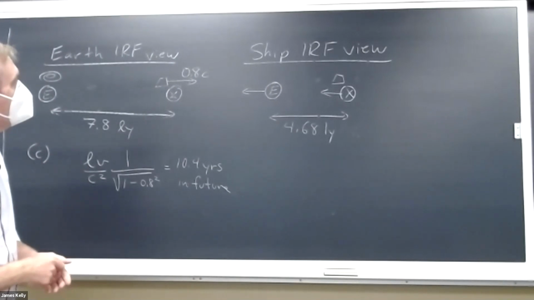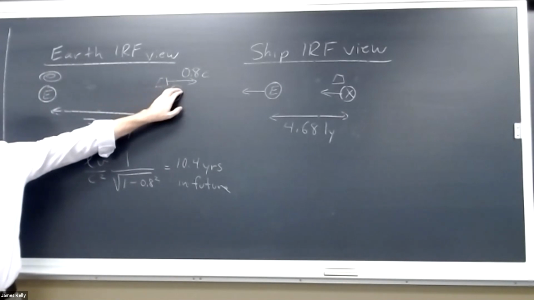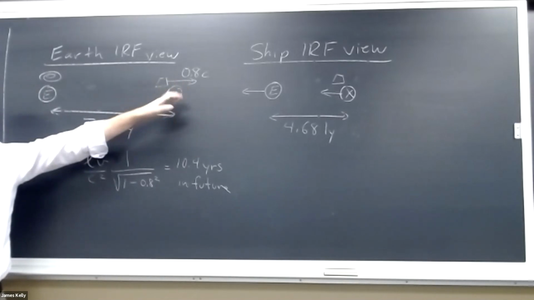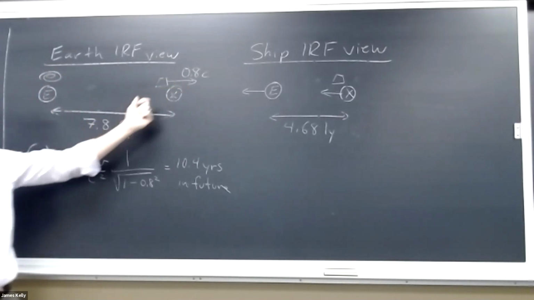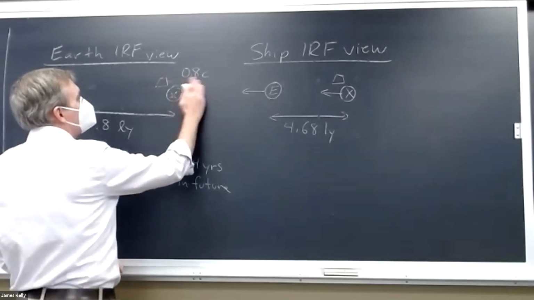Okay, now, we're told in D that the ship arrives at X, finds that X has been destroyed by a big asteroid. They were going to inhabit this colony out there, and so they immediately have to, essentially instantaneously, they start heading back to Earth at the same speed relative to Earth.